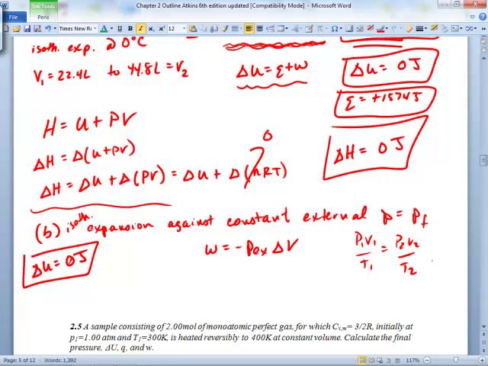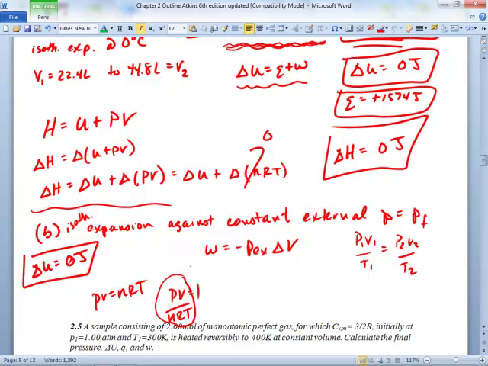And if you're not sure, if you don't remember that, just remember PV equals nRT. So you divide both sides by nRT. All right, so this is where it's coming from. Just put 1s on it, it equals 1. Put 2s on it, well, it equals 1. So they equal each other.